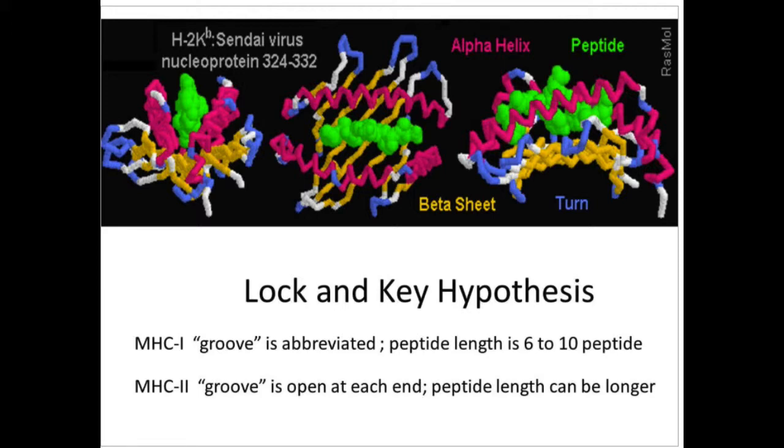In the case of MHC1, the peptides are cleaved at about 6 to 10 amino acid residues, so they're relatively short. And if you look at this right here, there's some hindrance on either end of this open cleft, which ensures that they pick up these small peptides that are being cleaved by the endogenous system in the cell.